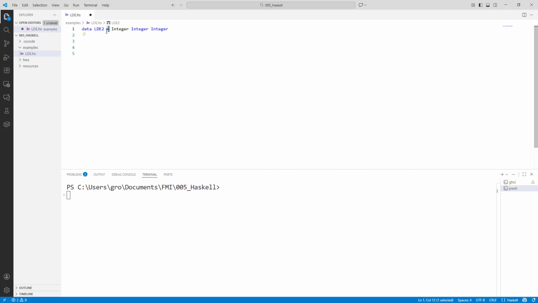Then we have the equal sign, and then again LDE2. That's correct. This LDE2 is the data constructor, so to say, and this is the function that we will be using to actually build one of our new types. And in the end, we have Integer, Integer, Integer, which are the types of the values that it will hold. It will hold three integers.